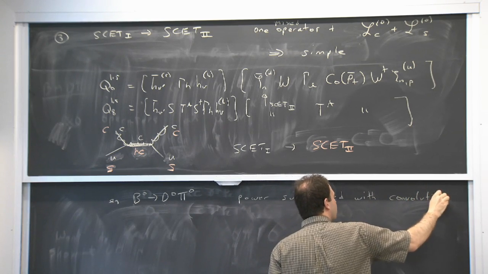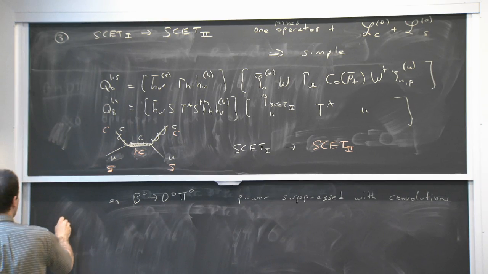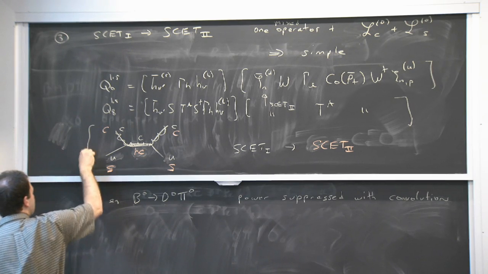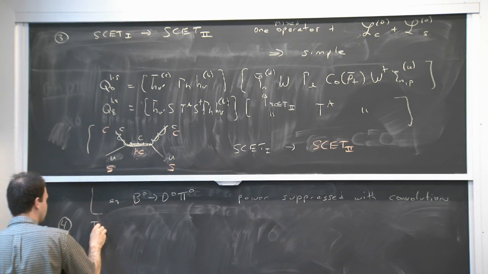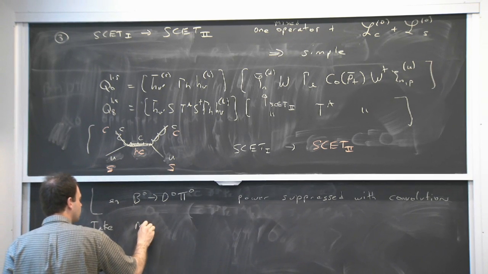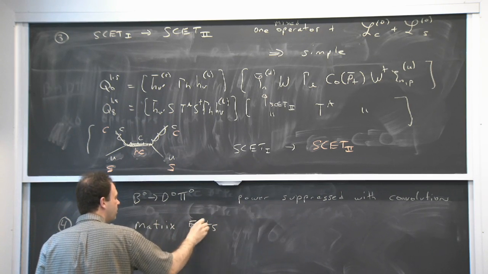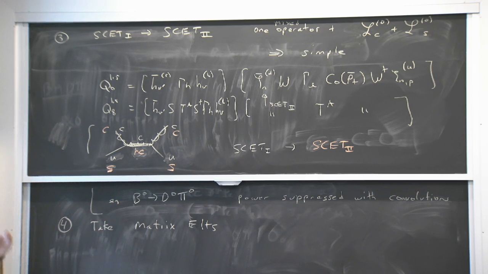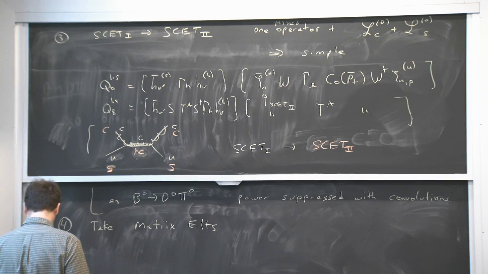Yeah, I am. All right, so number 4, so this is an aside. Number 4, take matrix elements. And here we find that one of the matrix elements is just 0, the one with the octet. So let me write the non-zero ones first.